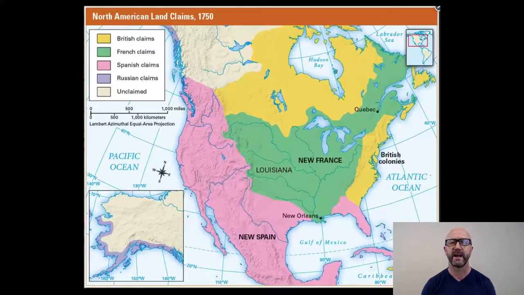Spain is a Catholic nation at this time, as is France, but they're not really getting along. Or rather, the way to put this is the three major European powers, Italy's a little bit less of a power at this stage, Spain, Great Britain or England, and France, are constantly competing with each other, and their allegiances change from time to time.